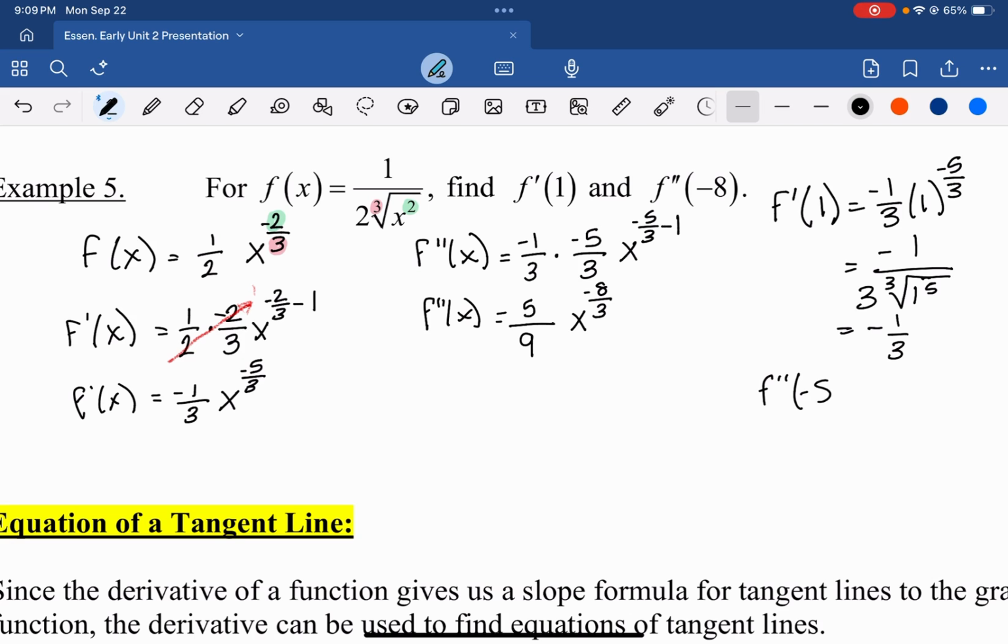And then f double prime of negative 8 is going to equal 5/9 times negative 8 to the negative 8 over 3.